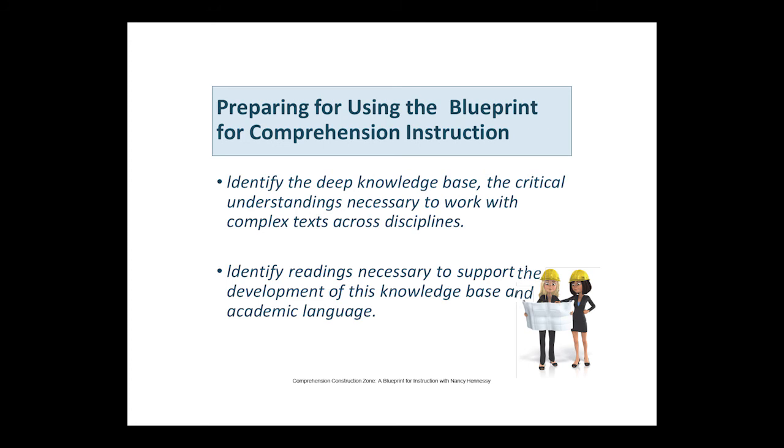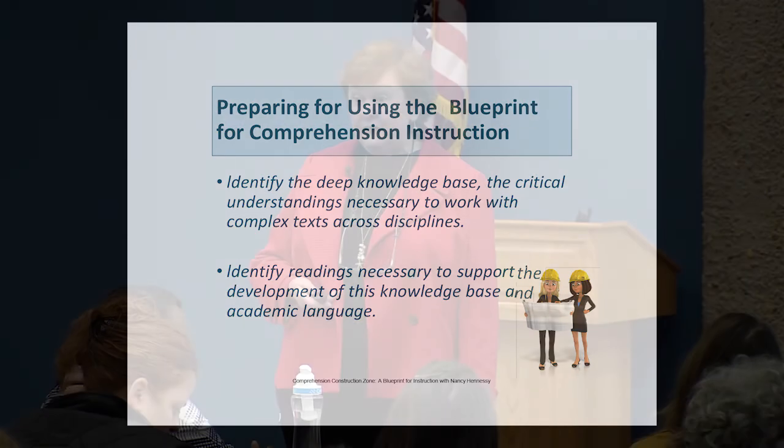You want to identify the deep knowledge base, the critical understandings, and, if you have the choice, identify readings that will support the development of the knowledge base and that academic language piece I was talking about before. Some of you have choice in what you read aloud to students or what readings you're doing, or you may be involved in curriculum development, or sometimes you can supplement what your curriculum has provided.